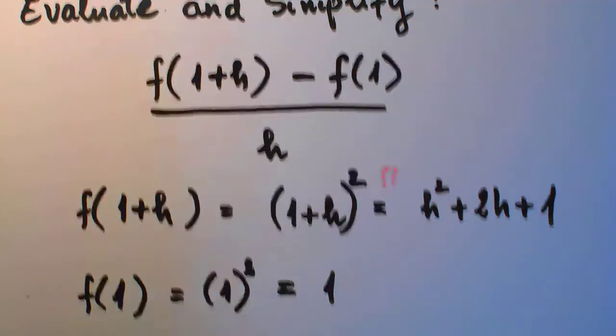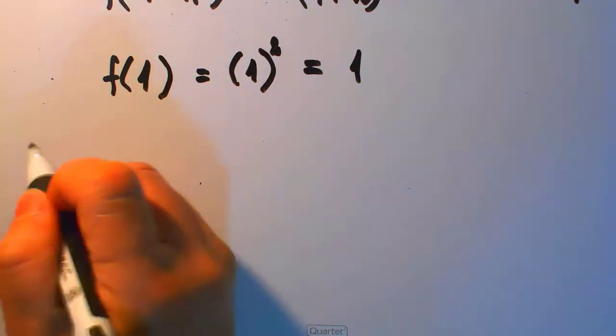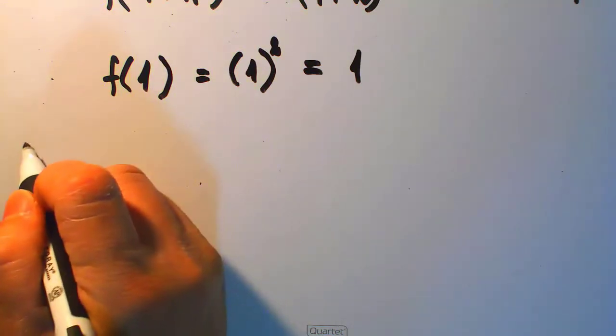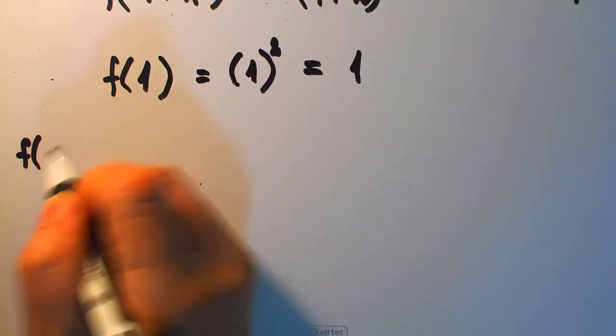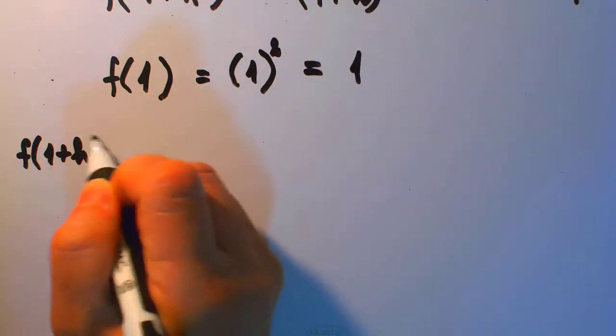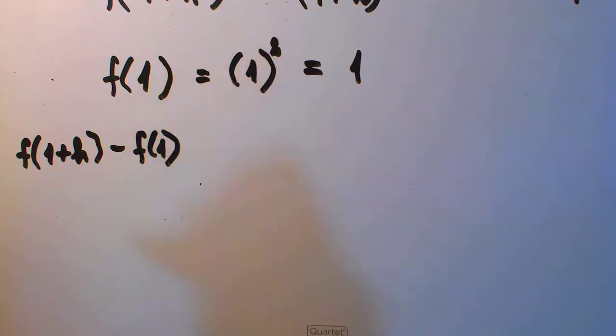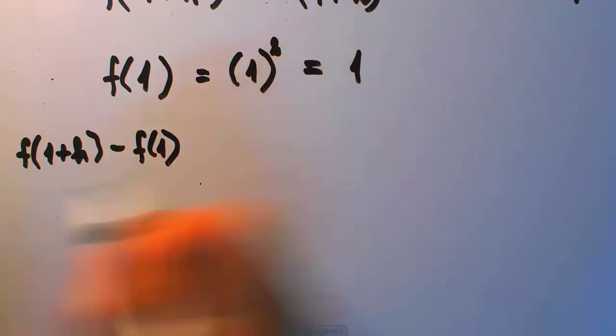And so at this point, we are ready to make that connection here. The setup in the beginning was asking us to take whatever comes out from f at 1 plus h, minus f of 1, over h.